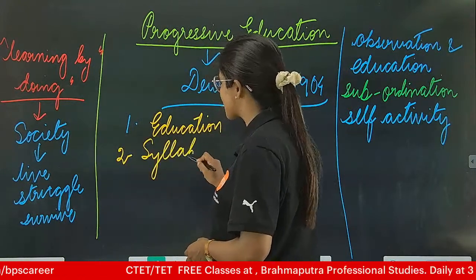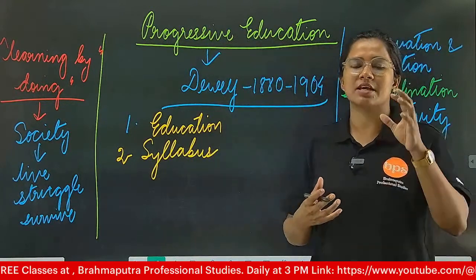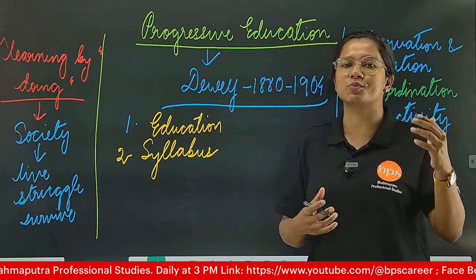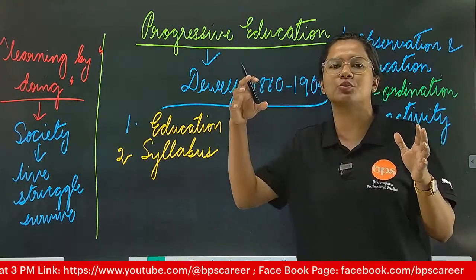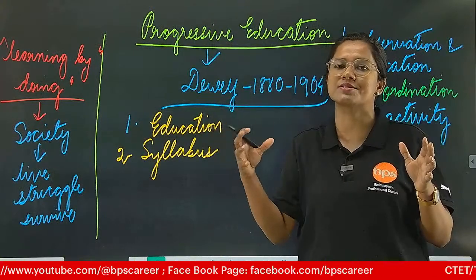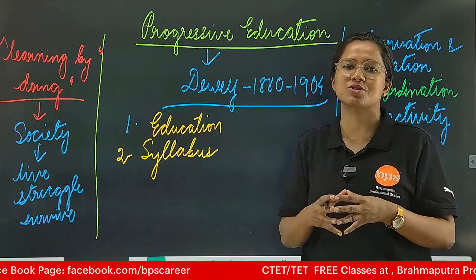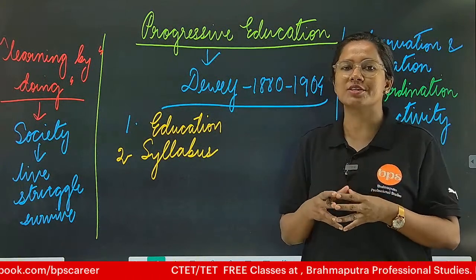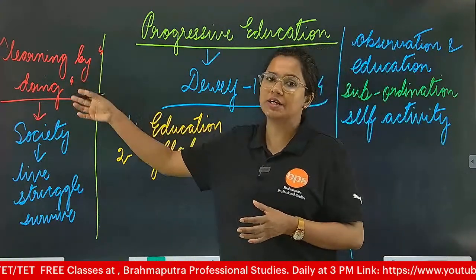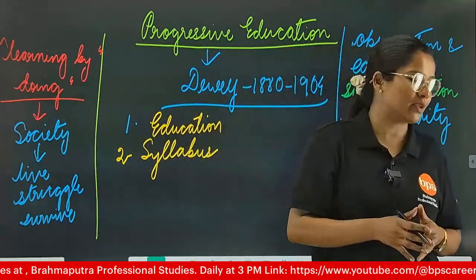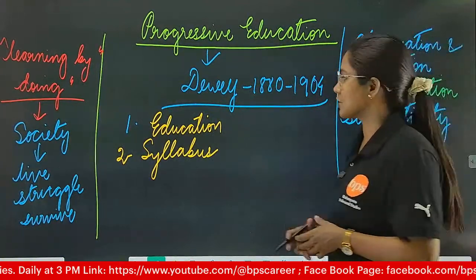The syllabus is going to be different, or we can say the syllabus earlier, which used to be a very traditional kind of syllabus, is going to be converted into a progressive system of syllabus, an inclusive syllabus of making the student learn by doing. So the basic principle is what? Learning by doing. And then we have the concept of school and the method of education.